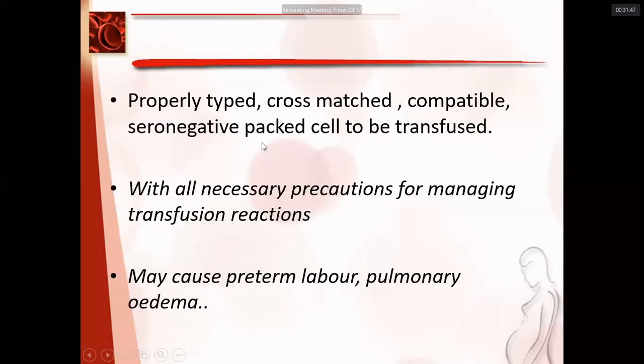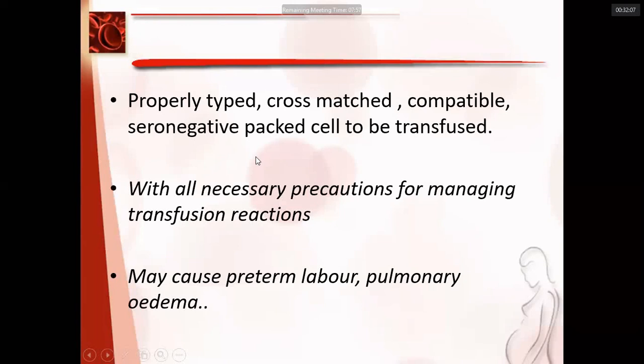While transfusing blood, it must be properly typed, cross-matched, compatible, and seronegative. Packed cells are preferred over whole blood to avoid overperfusion, with all necessary precautions for managing transfusion reactions.